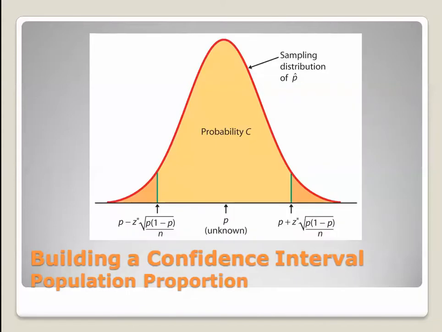Now we're going to move on to population proportion confidence interval. Same exact concept, except this part is different, and that's the only thing that's different really on this. We estimate p with p hat, just like we estimate mu with x bar.